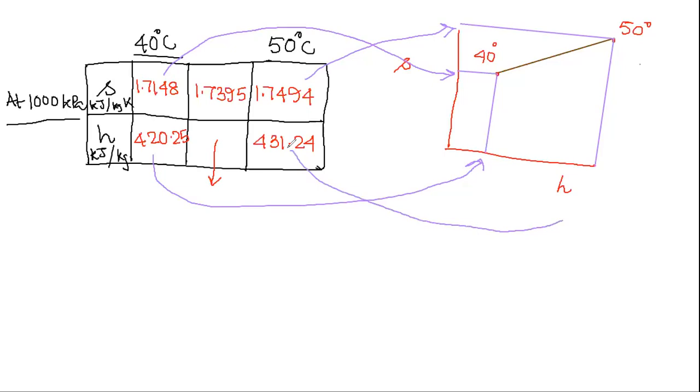And this is this. Now our aim is to determine the value of enthalpy for this value of entropy. This value is in between this and this. So this value will be somewhere here.